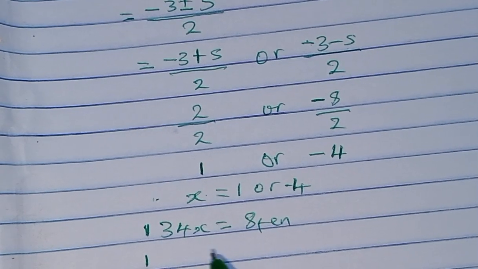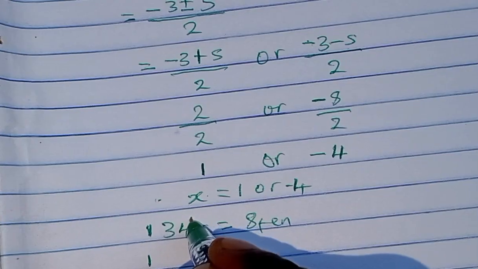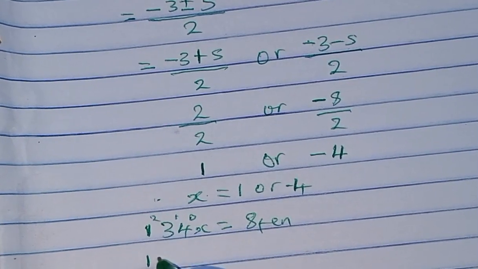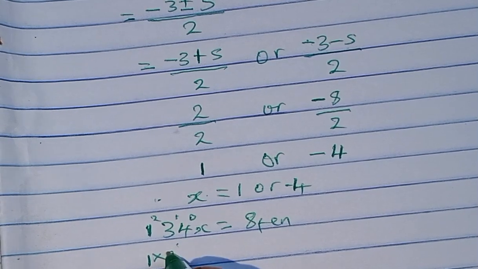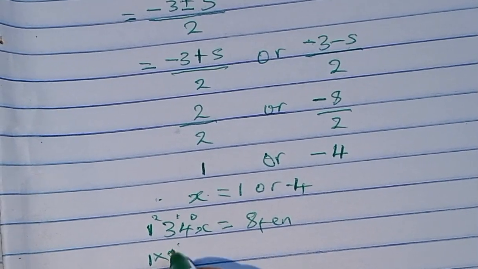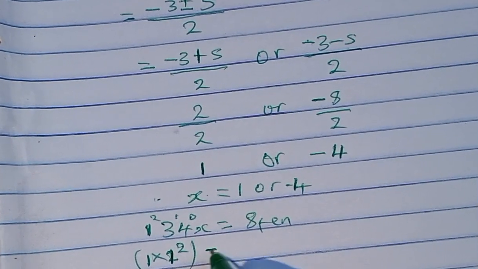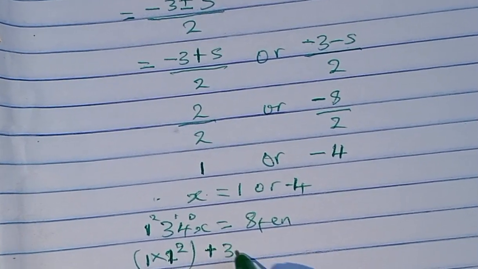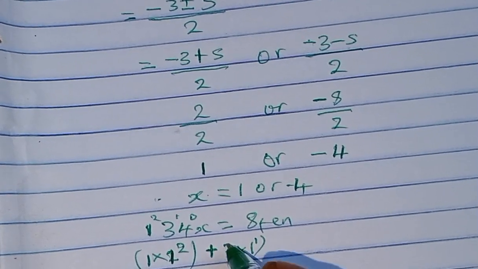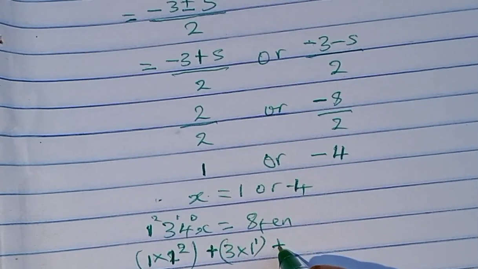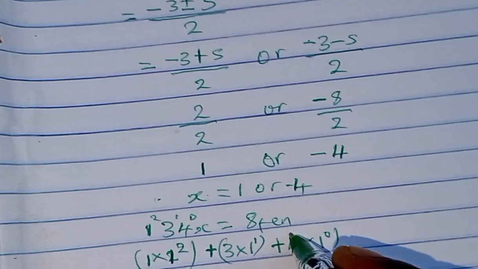So this is going to be 1 raised to the power of 2, plus 3 times 1 raised to the power of 1, plus 4 times 1 raised to the power of 0.